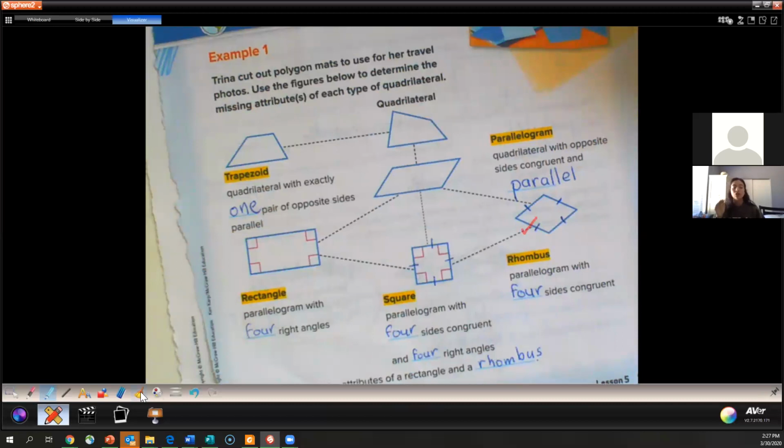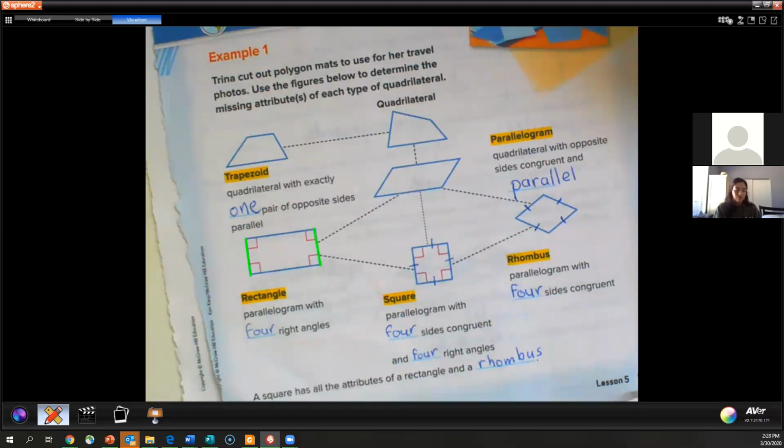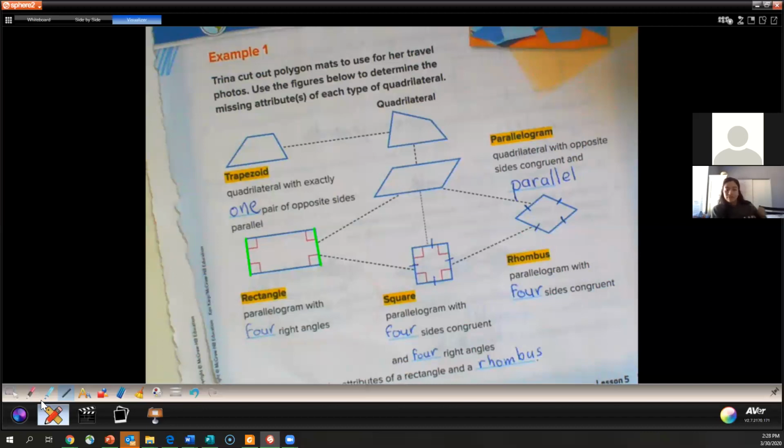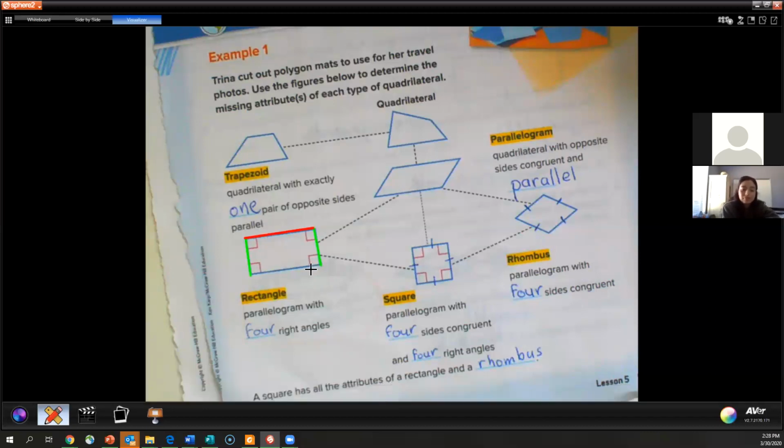All right, so do you mind highlighting our 2 pairs of opposite sides? So there's going to be 1 pair of opposite sides, boys and girls. And in the red is going to be our second.